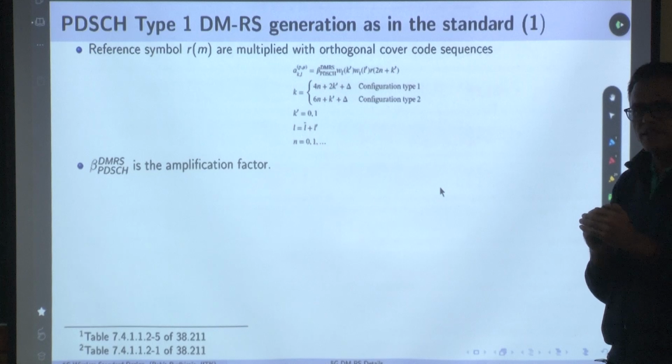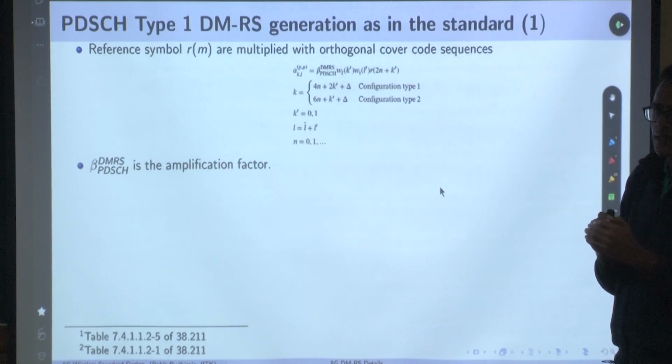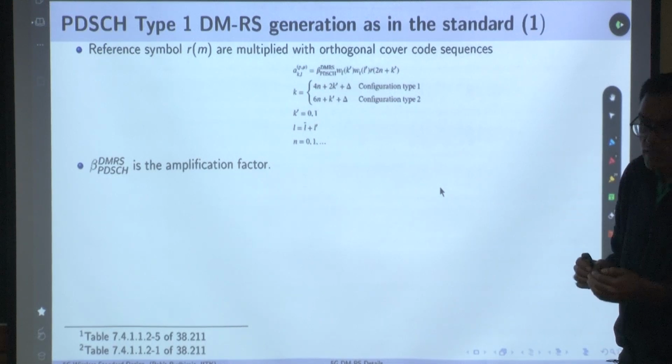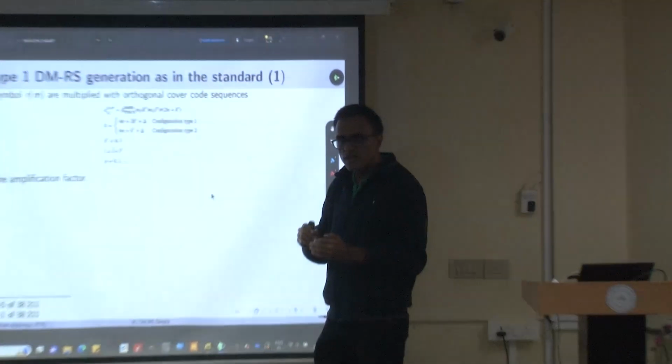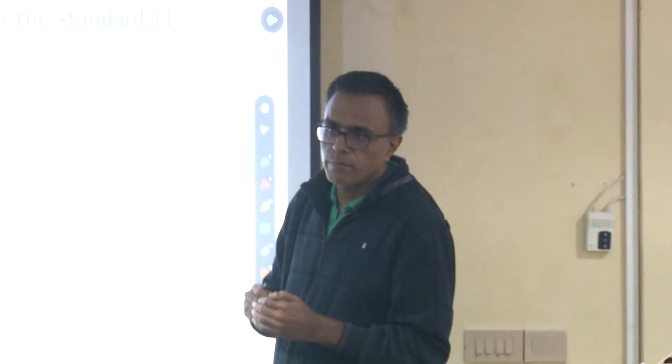Typically, you could allocate more power to the pilots compared with data if the UE is operating in a bad channel condition, with poor SNR, so its channel estimates are going to be poor.